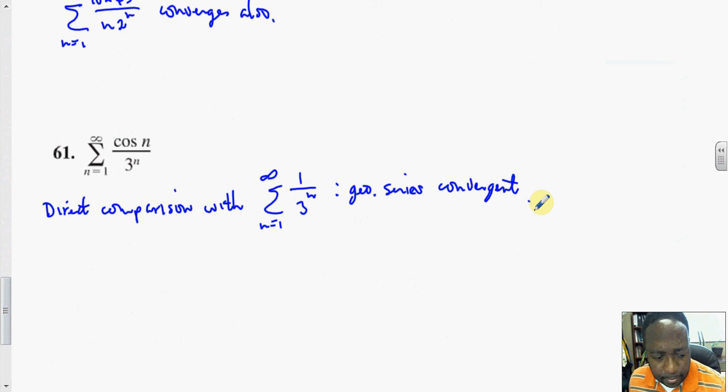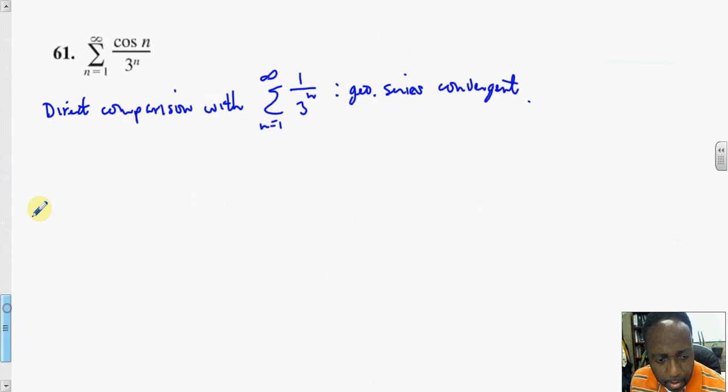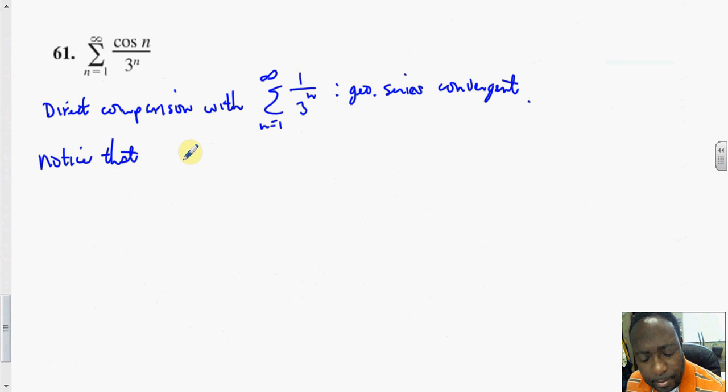Now, notice that -1 is less than or equal to cosine n, which is less than or equal to 1.